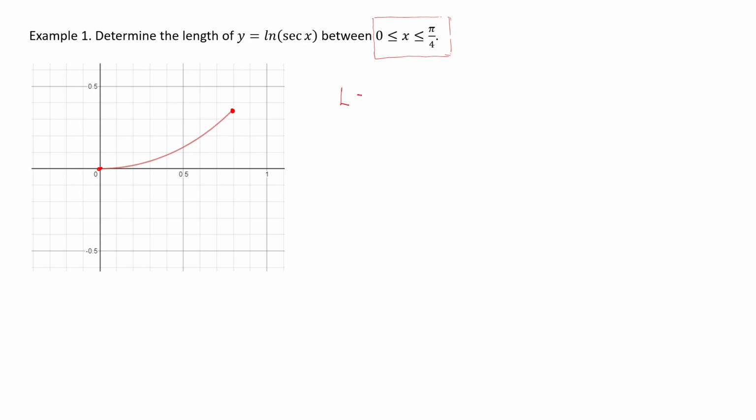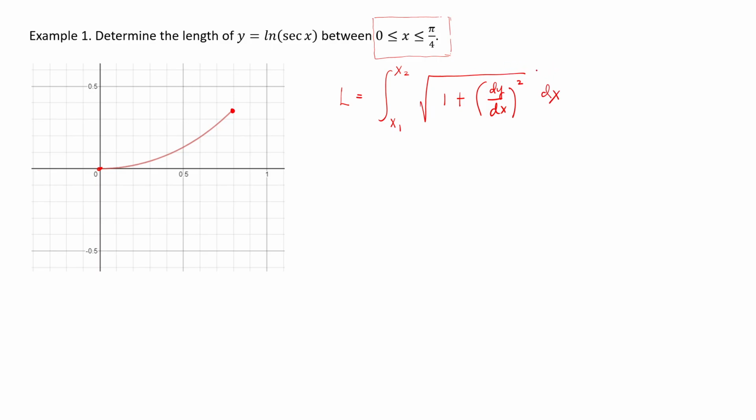So the arc length is equal to the integral from x1 to x2 of the square root of 1 plus dy over dx squared, and then the dx will be outside of the equation.